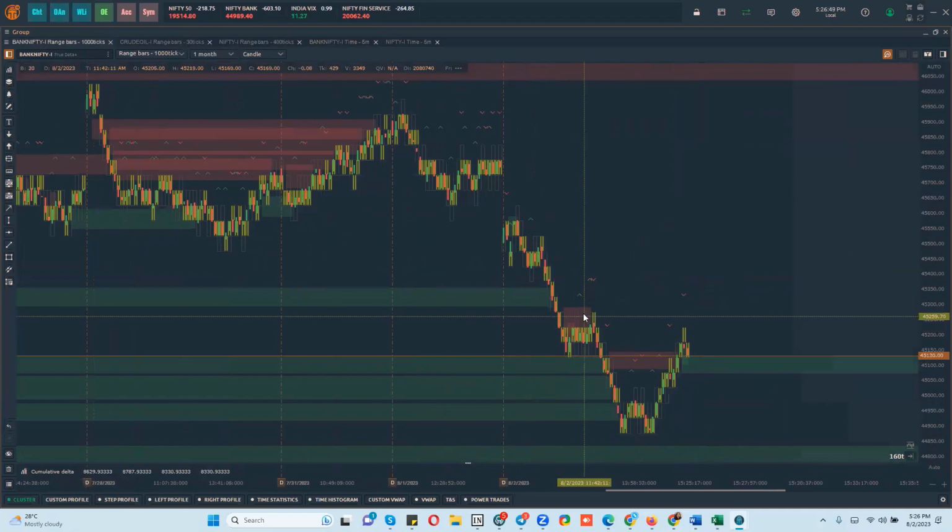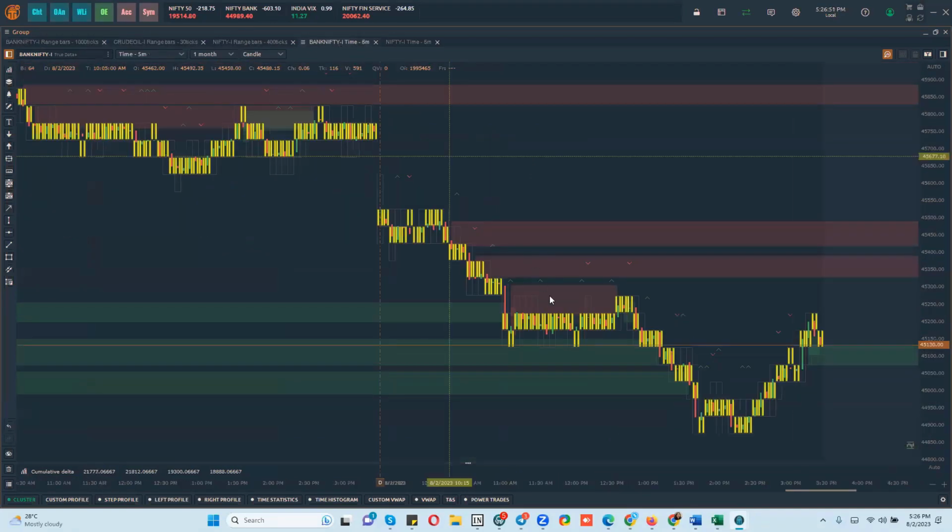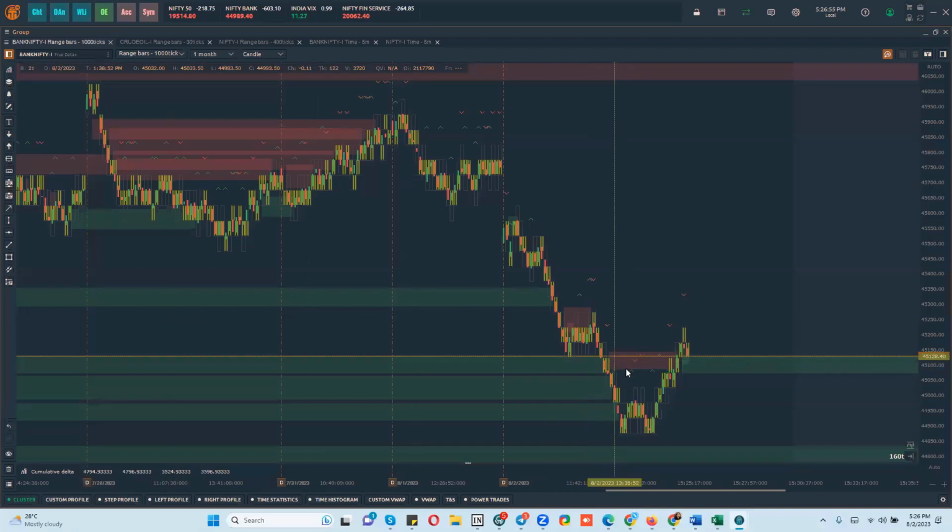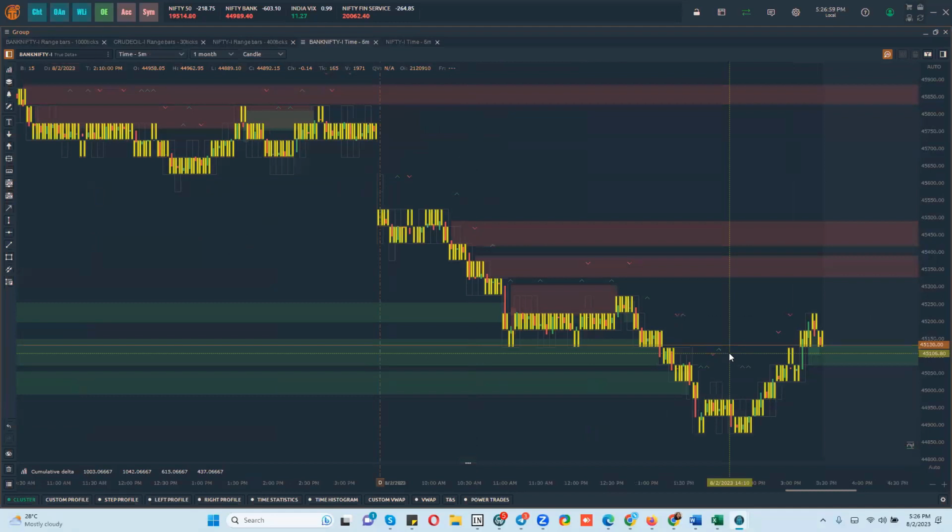You will see imbalances here, which are probably common around these levels, and this imbalance was missed in the regular candlestick chart. Why? Because the market is actually forming a new candle with every change in the movement. If at the moment 50 points are done, it will form a new candle from that point onwards.